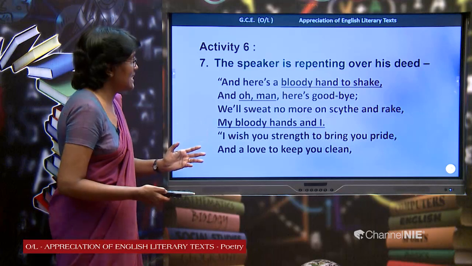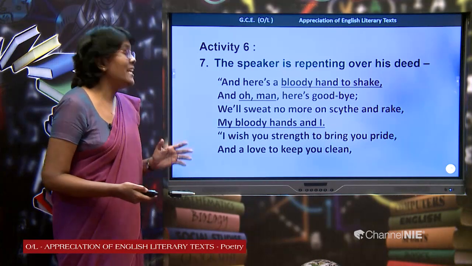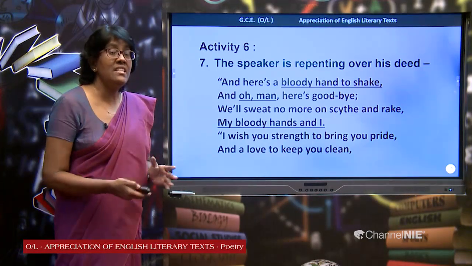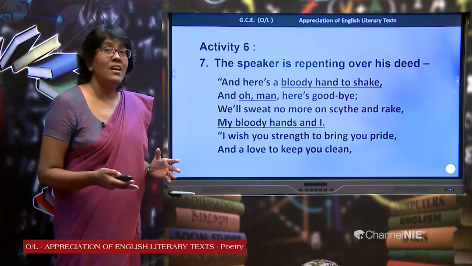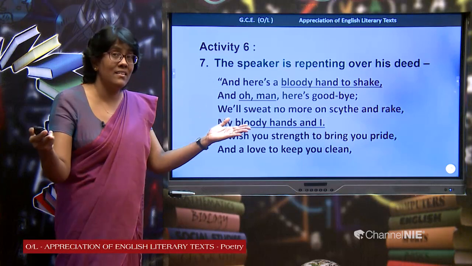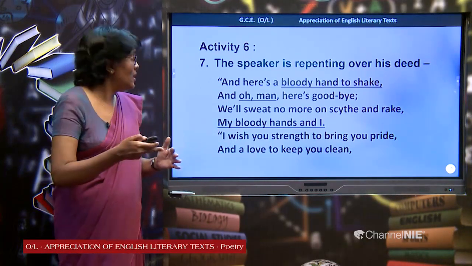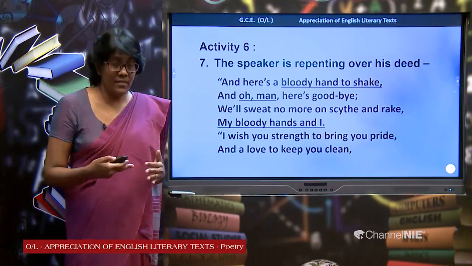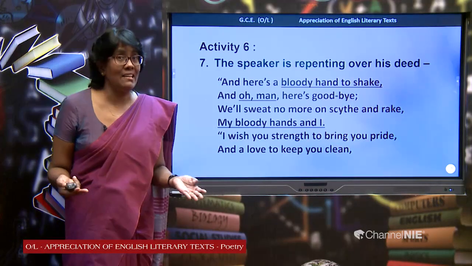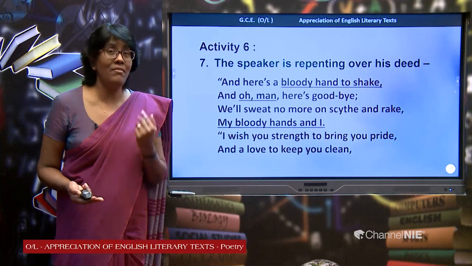And he, as a young lad, says, I wish you strength. He is wishing his colleague or friend strength to bring pride, through a better love. And a love to keep you clean. For somebody to have a clean life because of love.